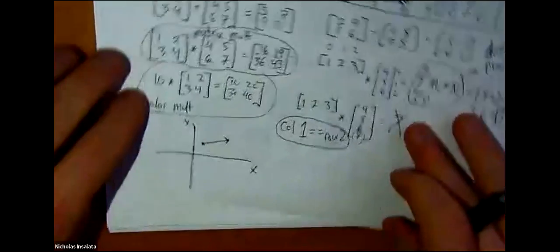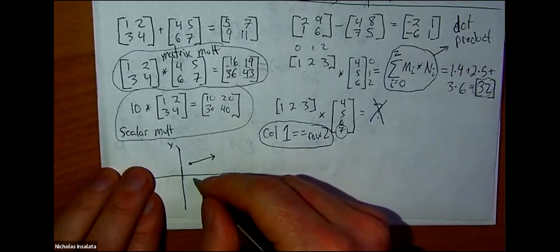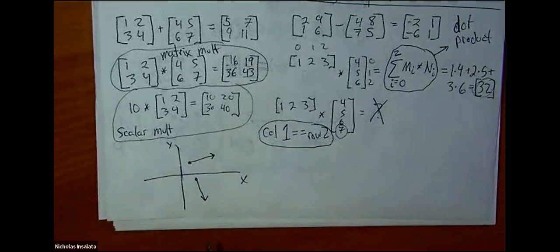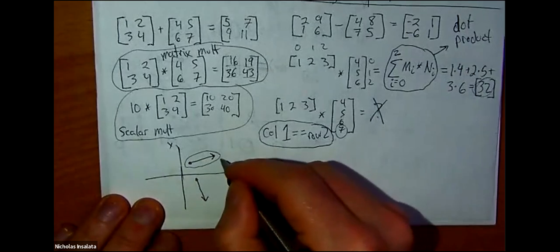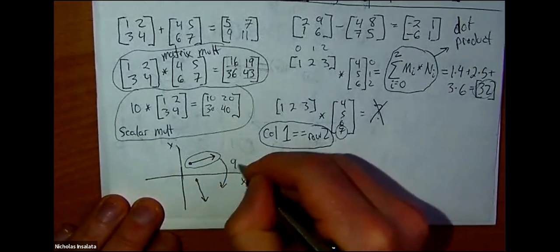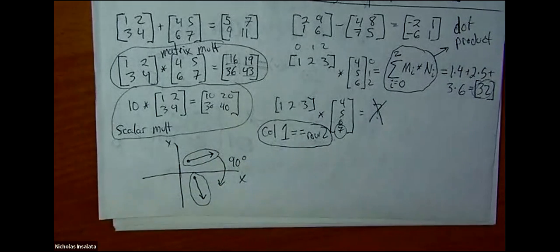And now I have a new vector. If I took this one and rotated it 90 degrees around the origin, I would end up with this one. And that's called a transformation. I've transformed this vector into that one.